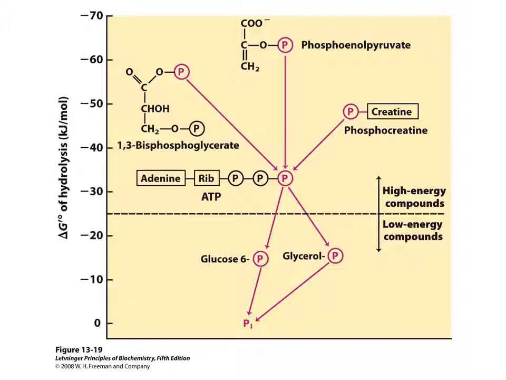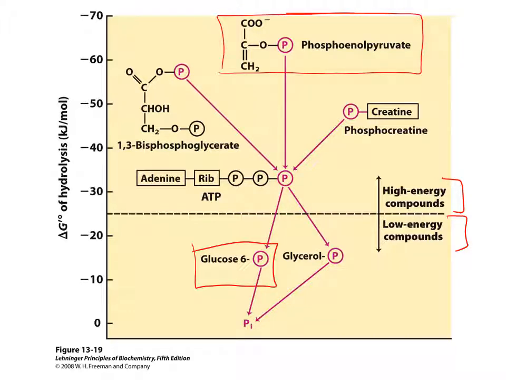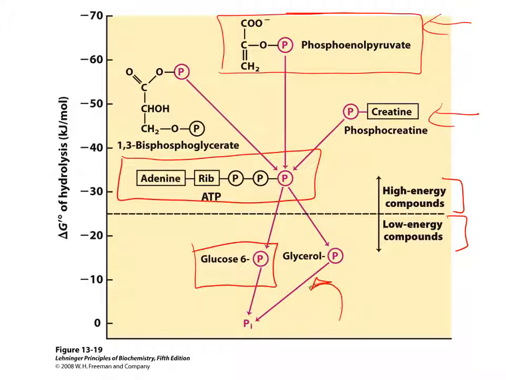We have what's called high-energy compounds again. We have low-energy compounds, and glucose 6-phosphate in this case is a low-energy compound. We have a very high-energy compound, PEP, and we have something in the middle which is still a high-energy compound, but it is somewhere in between these metabolic molecules and the low-energy molecules.